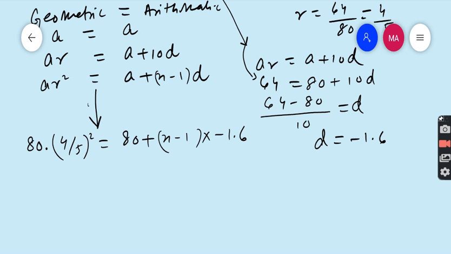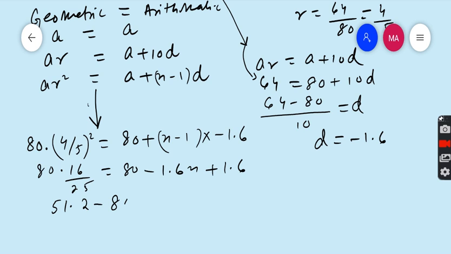So 80 into 4 square is 16 upon 25 is equal to 80, minus 1.6 into n is minus 1.6 n, minus minus plus 1.6. 80 into 16 upon 25 is 51.2.